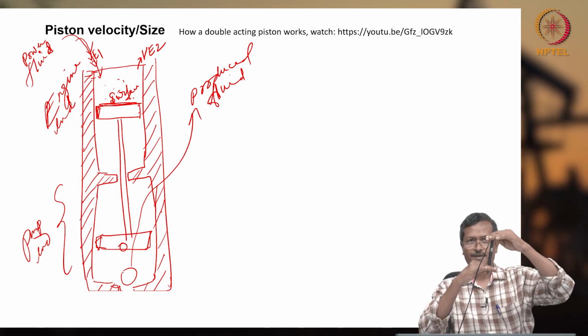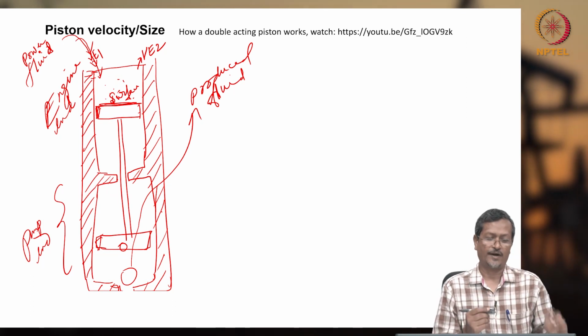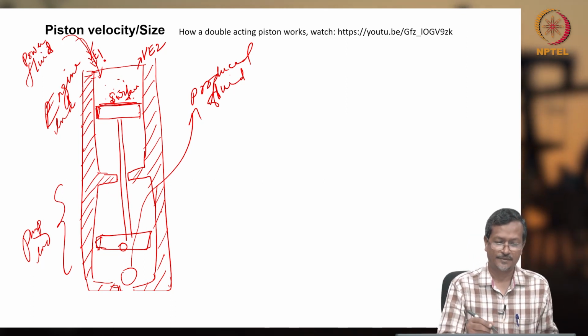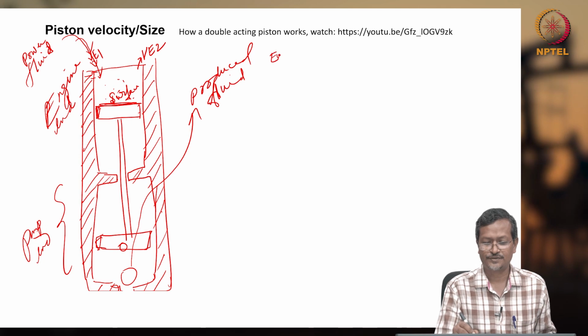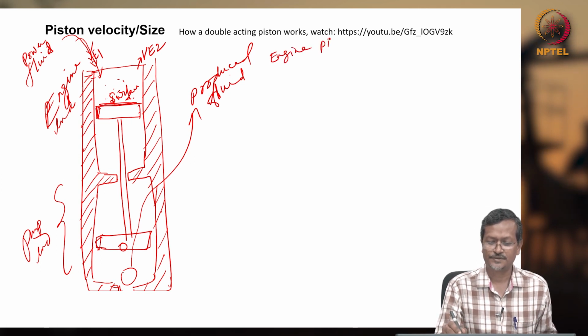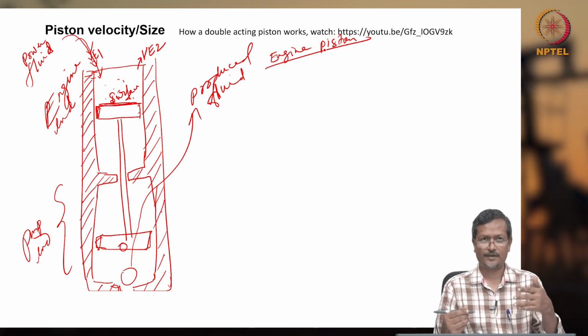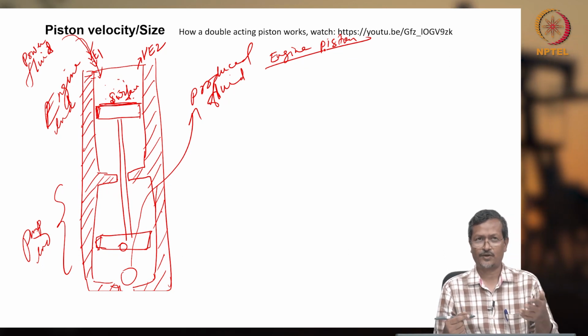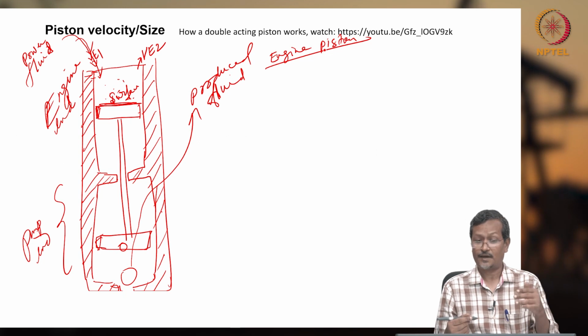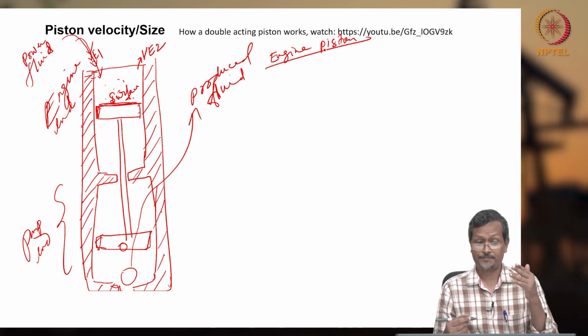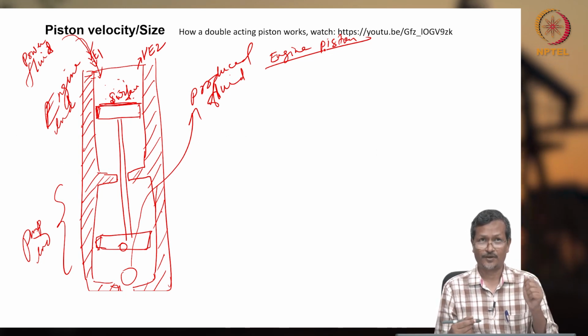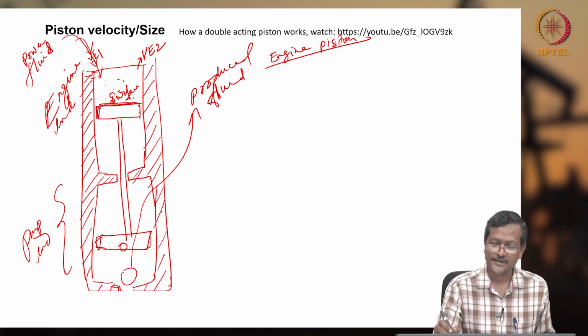When moving up, how will it move up? You close V1, engine piston or plunger. This is called a hydraulic piston pump or hydraulic plunger pump, hydraulic piston engine, or hydraulic engine pump. This is the engine piston.